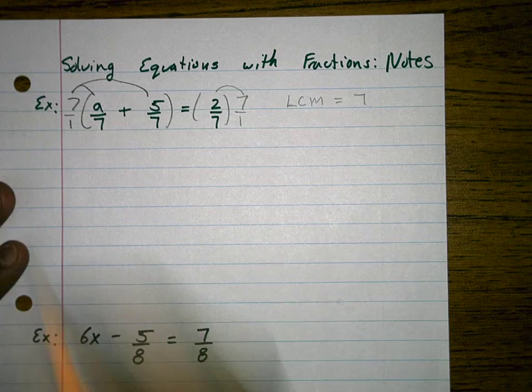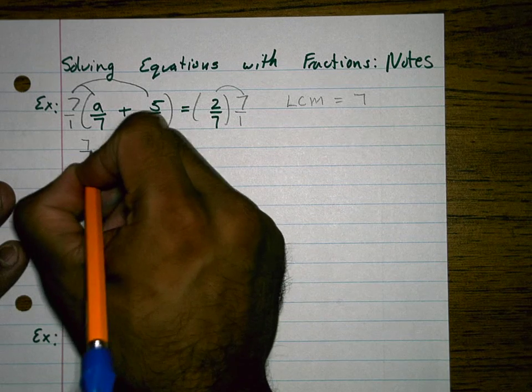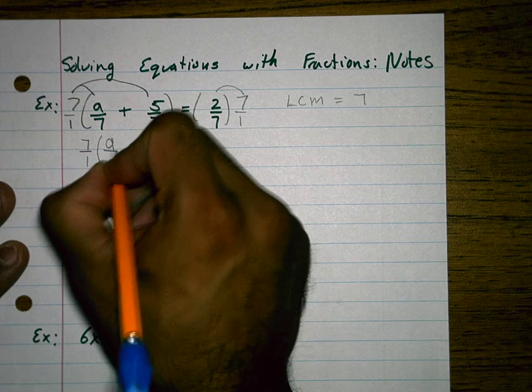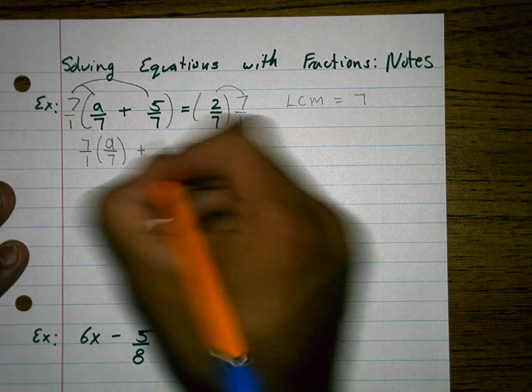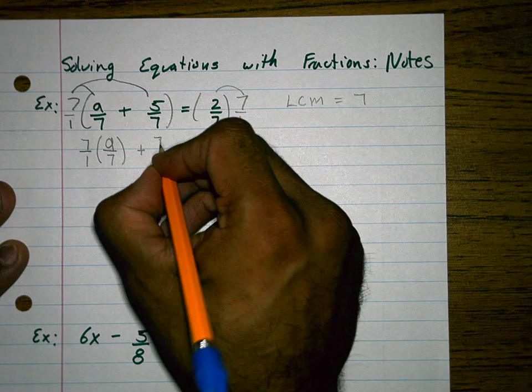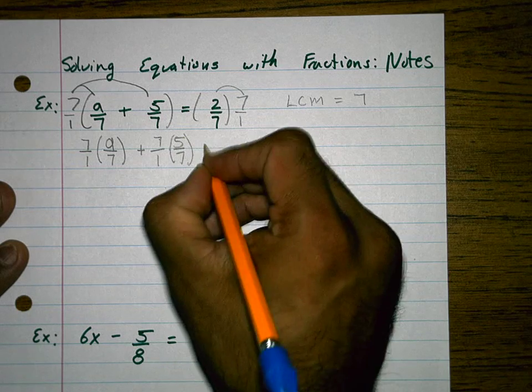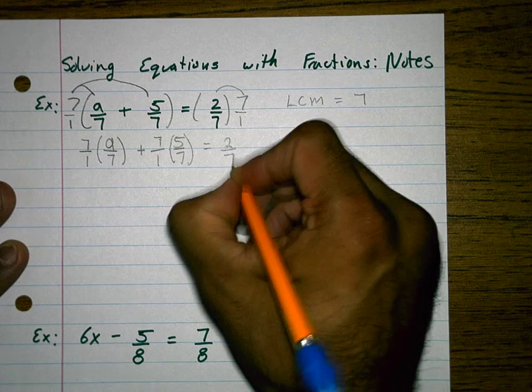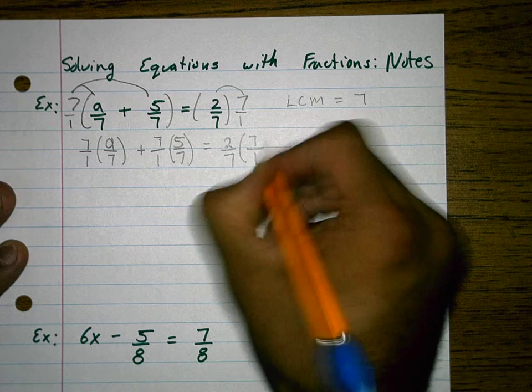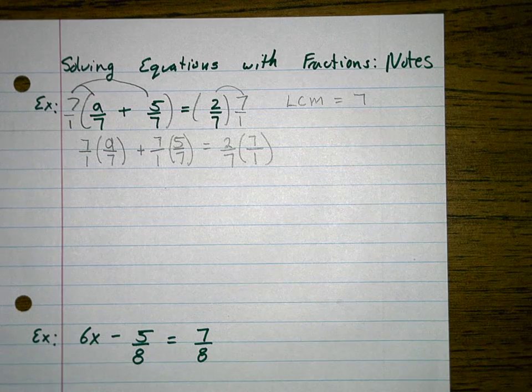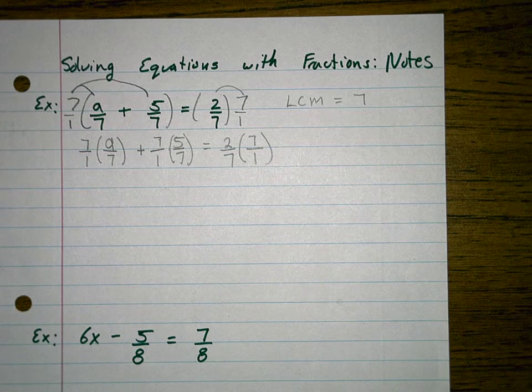I'm going to write this out in more than one step. So it's 7 over 1 times a over 7 plus, now I have to distribute to the second one, 7 over 1 times 5 over 7 equals 2, and we're just going to rewrite this one. I can multiply across and reduce, but in this case it's easier just to cancel them out.